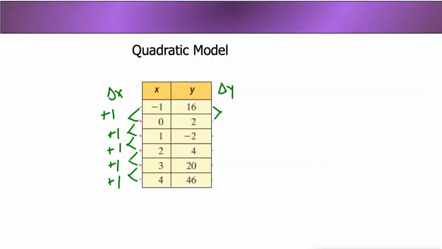So we're not multiplying by the same amount because 4 times 5 is 20, right? -2 times -2 is 4, so that's not the same number at all. So let's go with our difference. So this would be subtract 14. Subtract 4. Add 6. This is weird. Add 16. Add 26.